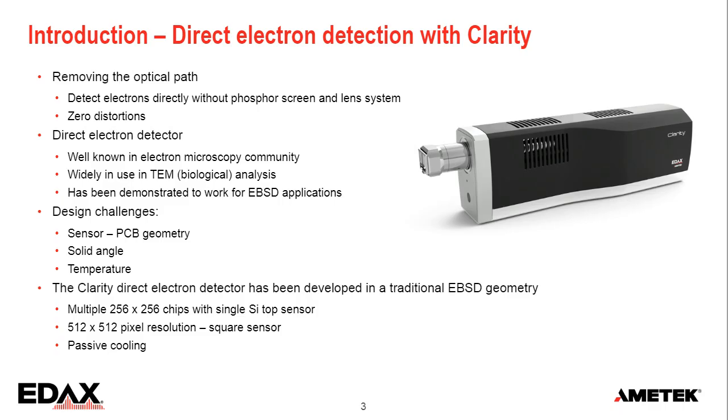Electrons hit the front of the detector, and then they are transmitted into one of those 4 chips behind it, giving this 512 by 512 pixel resolution. A very important thing, this design also allows for efficient cooling to take the heat of the sensor out of the microscope vacuum to the back of the detector.